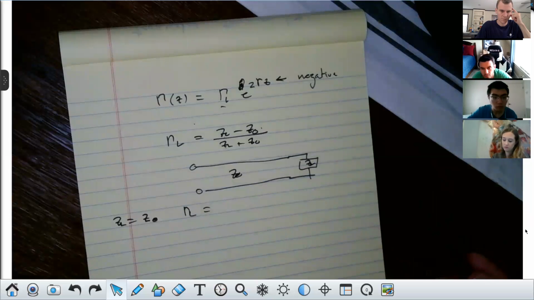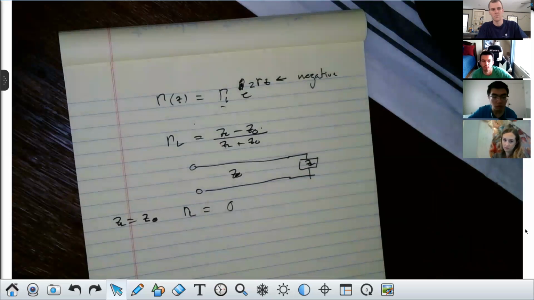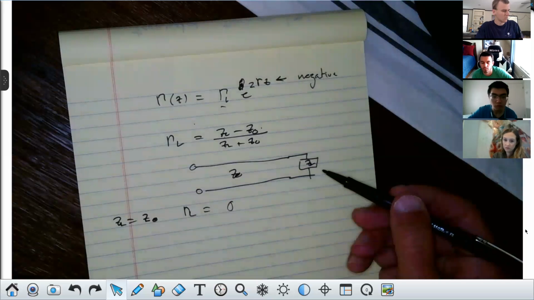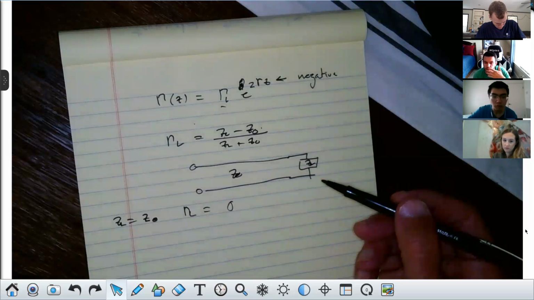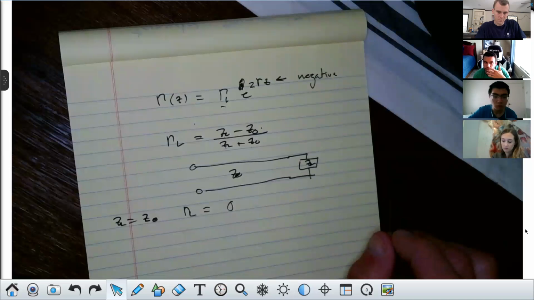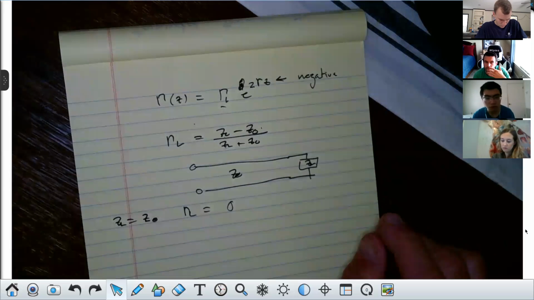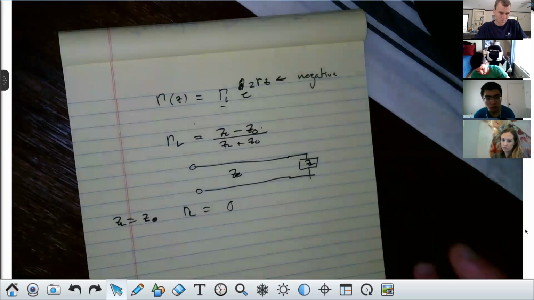Is it 0? 0, yes, and that makes sense because effectively, it's like the transmission line is going on forever, isn't it, class? There's no change in the characteristic impedance. You'll have no reflections. By the way, that is a goal whenever you build circuits to transmit power or communicate a signal. You always want impedance matching. You've heard that term before, right? Impedance matching is critical for proper behavior.